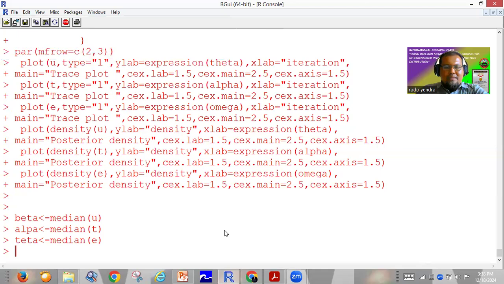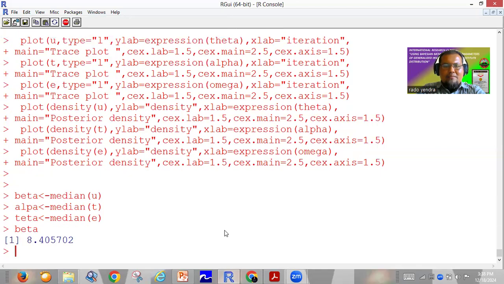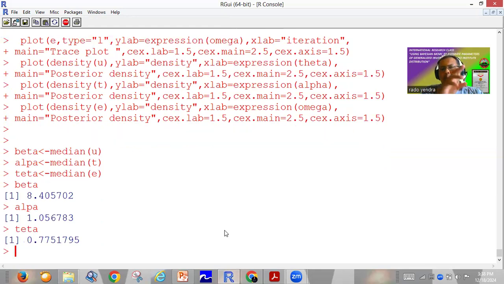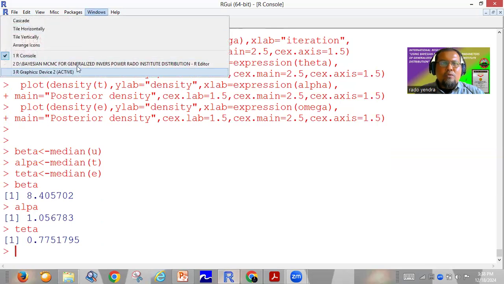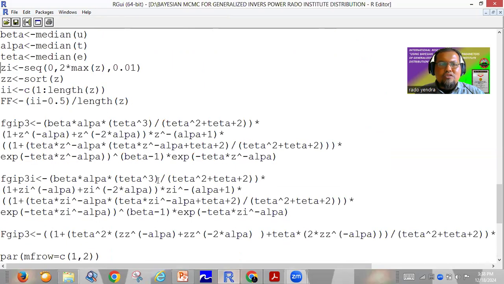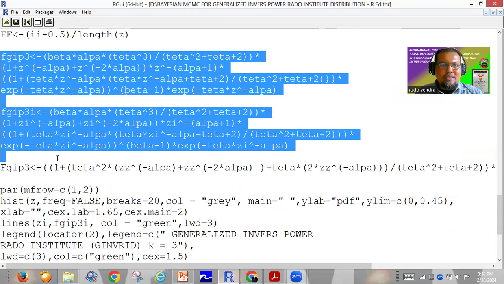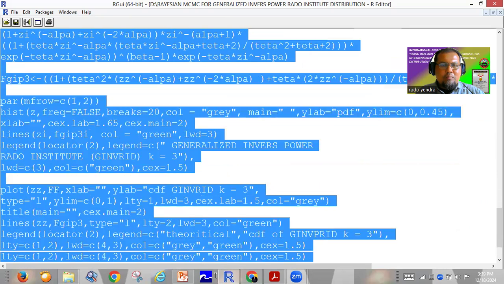We can type beta parameter 1, alpha parameter 2, and theta parameter 3. This is the parameter produced by the Bayesian MCMC. Of course, if we have the parameters, we will check them using the density plots.